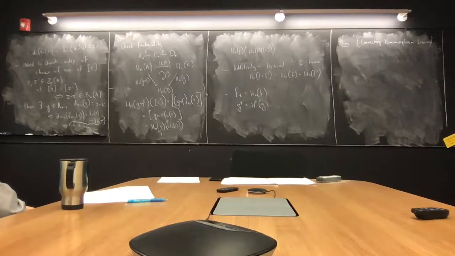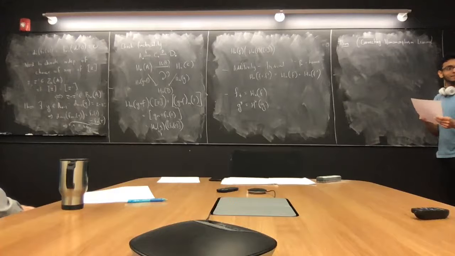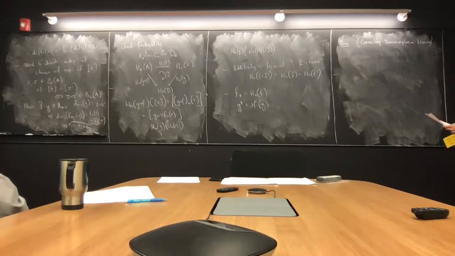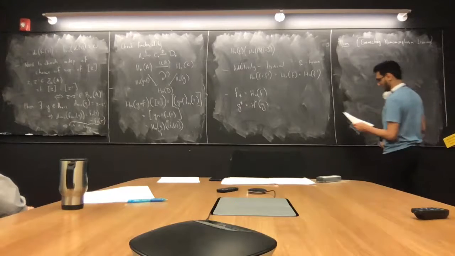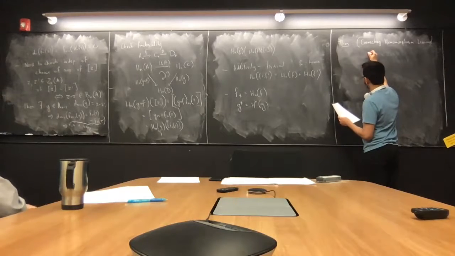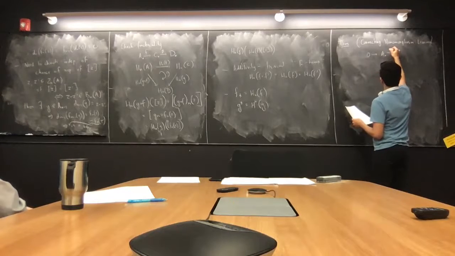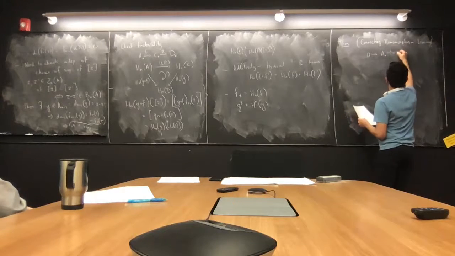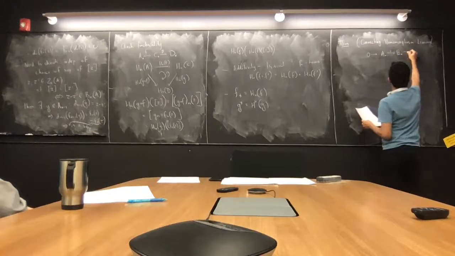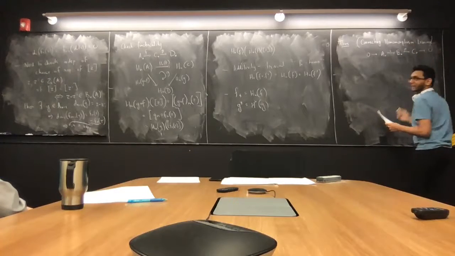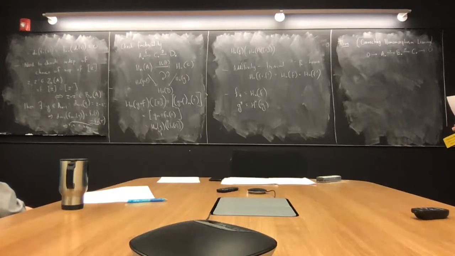Zigzag is next. Well, sort of. Basically, zigzag involves this. So suppose we have a short exact sequence of chain complexes. No, it should be called zigzag.